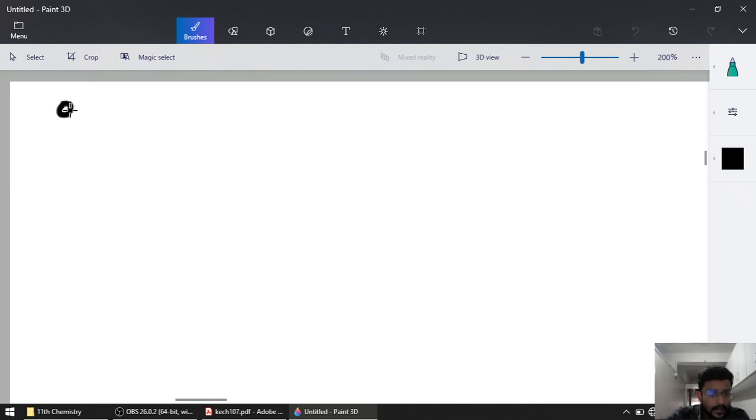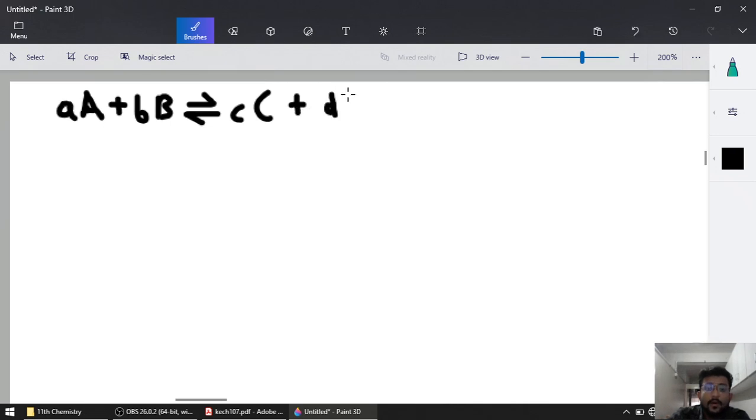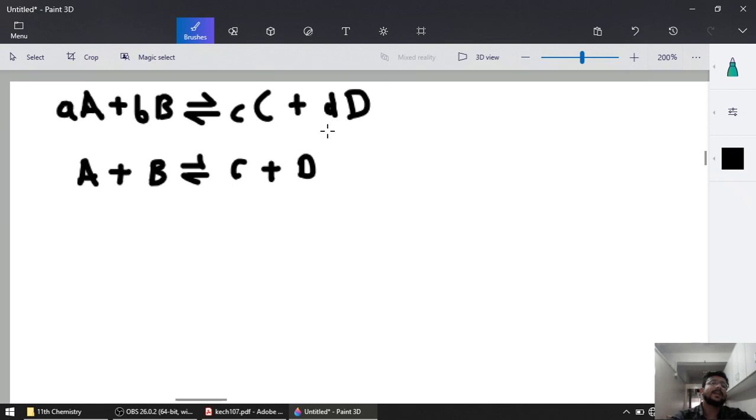Suppose a mole of compound A reacts with b mole of compound B, which is a reversible reaction, and gives c mole of compound C and d mole of compound D. Suppose this is our chemical reaction, and if we take all the moles equal to 1, our reaction will be A plus B gives C plus D. Suppose small a, small b, small c and small d are equal to 1. So A plus B gives C plus D.